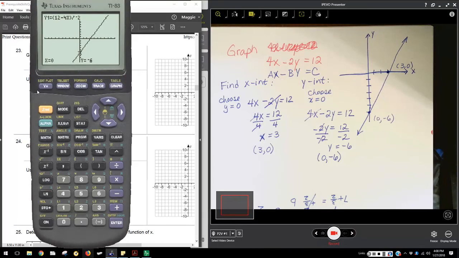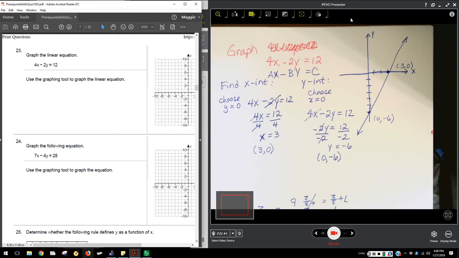And it says, well, it's 0, negative 6. Great, because that's the right point. And if you want to verify that that actually is for sure 3, 0, you can do the same thing. Second trace, choose value, and say, show me where x is equal to 3, and it shows you that that's the x-intercept, 3, 0.